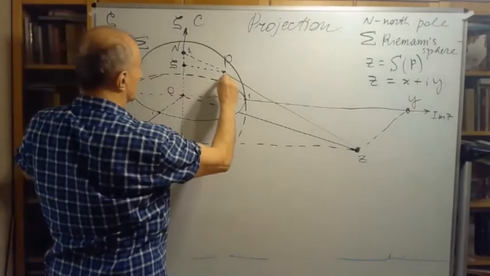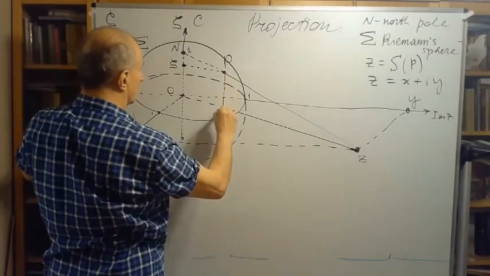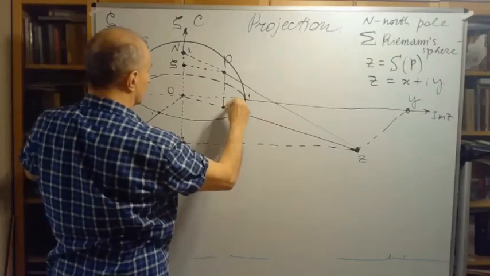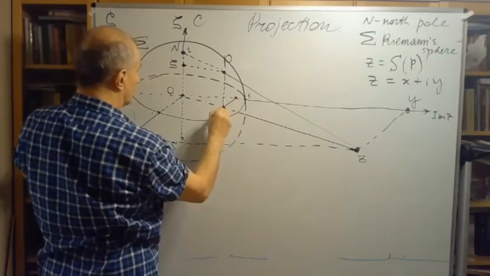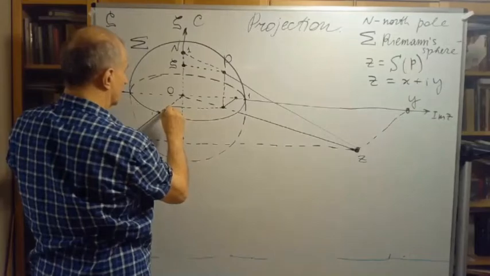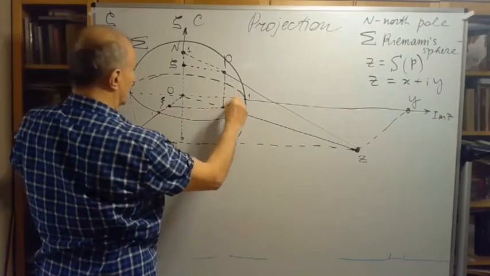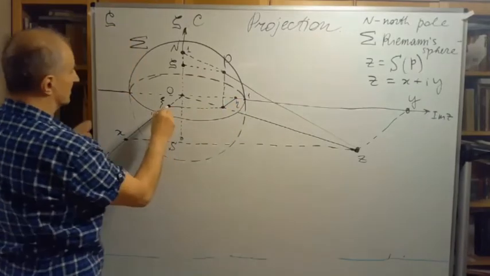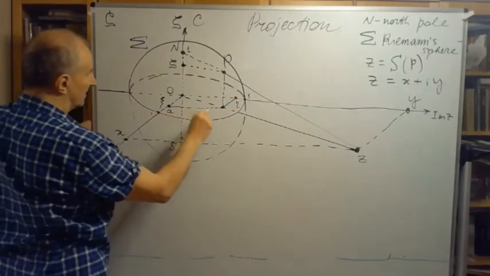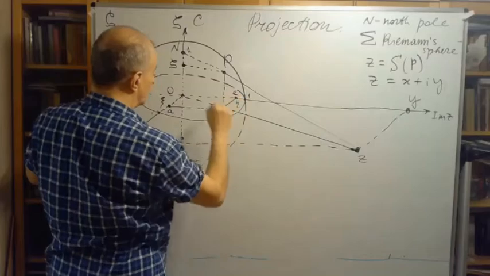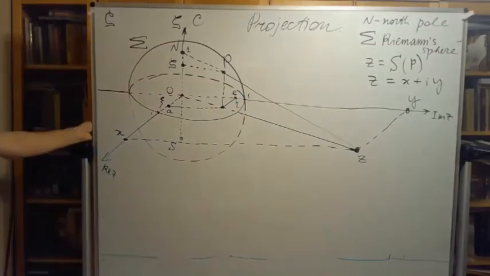If I draw a perpendicular here, the coordinates will be, respectively, I will denote them psi and eta. In your textbook they are denoted A and B, which I don't think is decent.